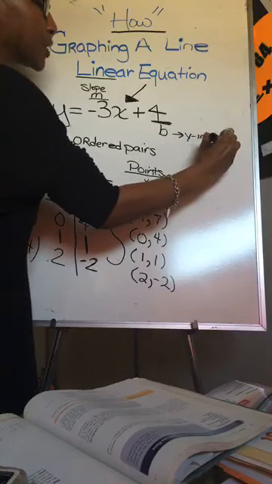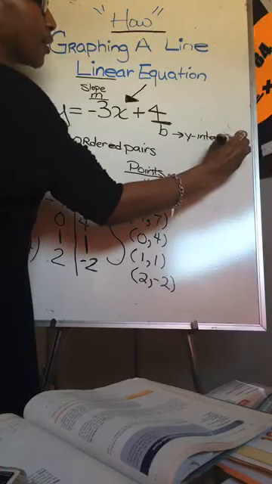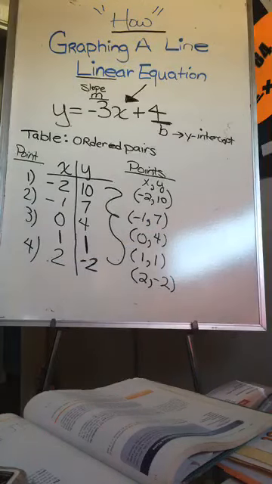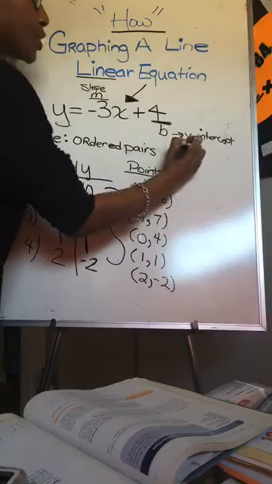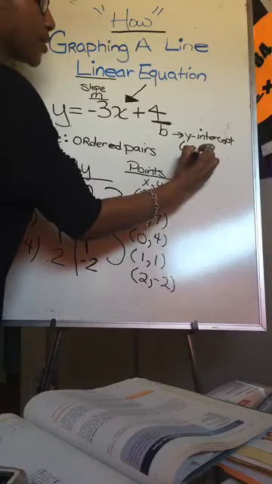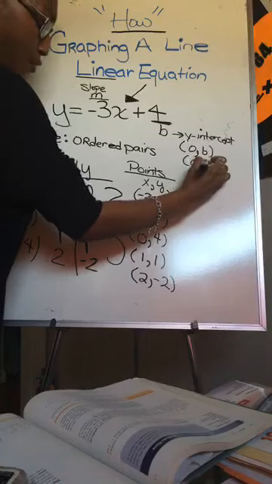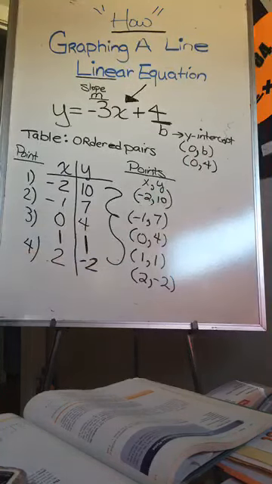That means it intercepts the y-axis. Normally you'll see it written like an ordered pair as 0, b, which would be 0, 4.